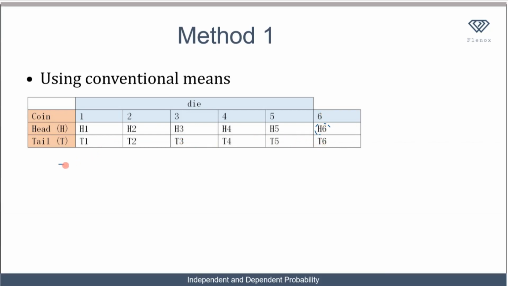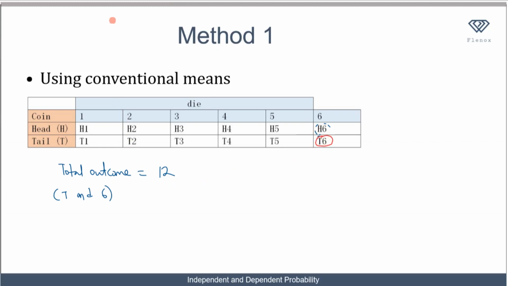So I know that the total possible outcomes will be equal to what? When I count all these possible outcomes, I have 6 by 2, so I have 12 possible outcomes. Now, how many of those outcomes are made up of tail and 6? If you look carefully, you can see that tail and 6 appears only once, here.